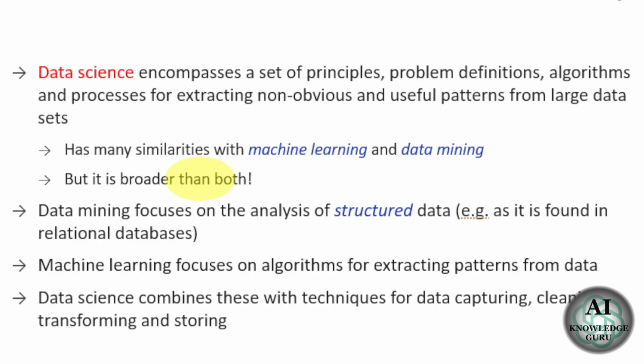You can say that it's a combination of data mining and machine learning. Data mining focuses on analysis of structured data, for example, as found in relational databases. Machine learning focuses on algorithms for extracting patterns from data. Data science combines these with techniques for data capturing, cleaning, transforming, and storing.